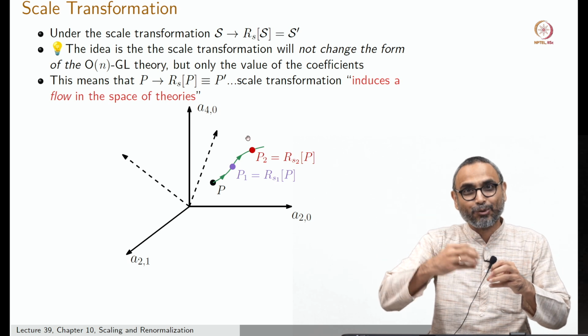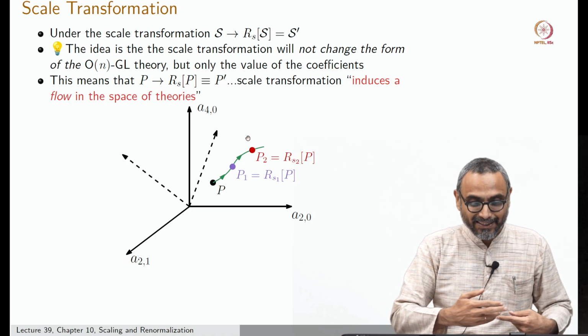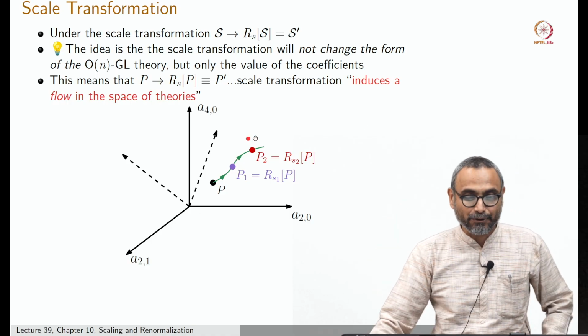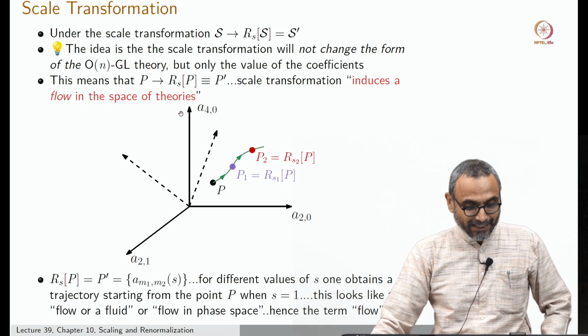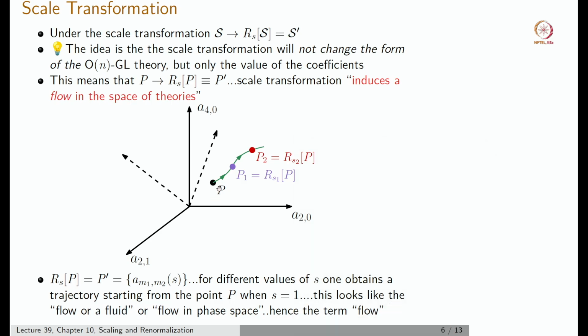As I am scaling, with different values of S, the point P flows in the space of theories. Another way of saying this is that R_S of P becomes a new point P prime, characterized by a set of coefficients of the operators in the Lagrangian density, which are functions of S. Essentially the structure of the theory remains the same, while the coefficients of the operators change under the scale transformation.